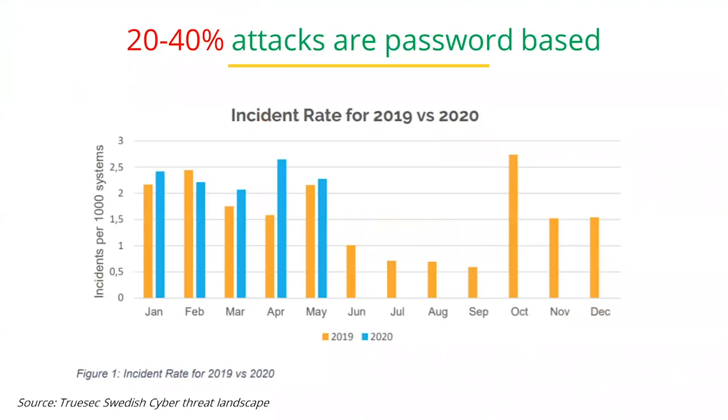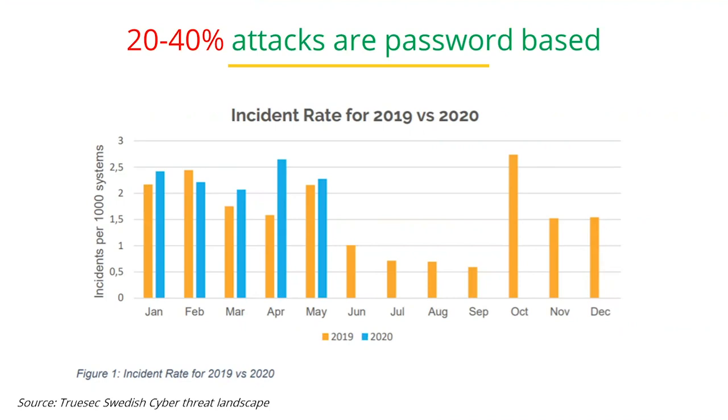I have this very interesting report that you see on the screen. I love numbers, I love talking about numbers, I love reading reports, I love surveys, and this is a very, very interesting report, very specific to Sweden, all right? We have about 20 to 40% cyber attacks that are password-based.